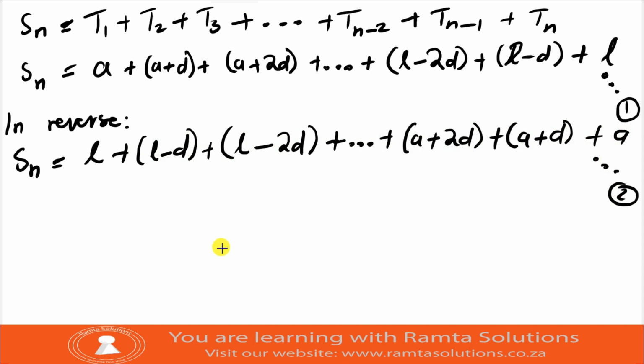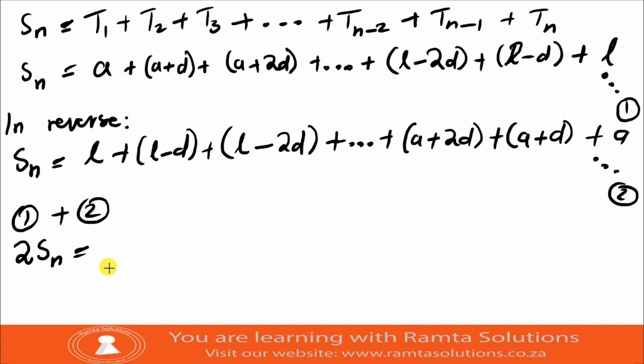Now let's add these two: equation 1 plus equation 2. If I add this and this, it is Sn plus Sn, they are the same, so we will have 2Sn.